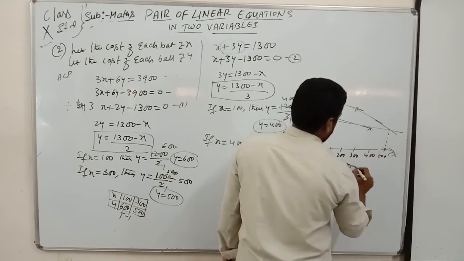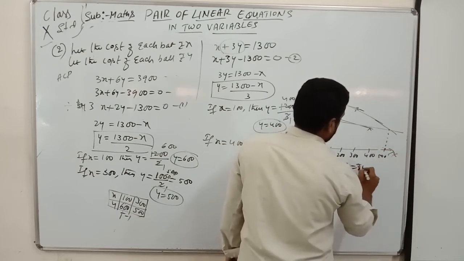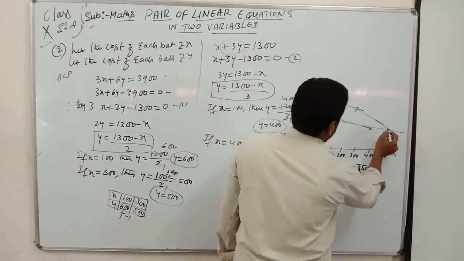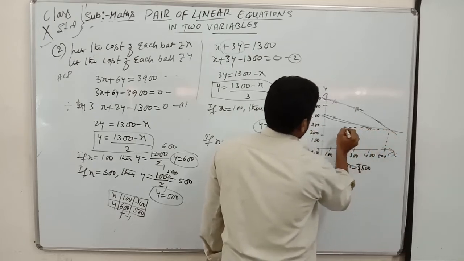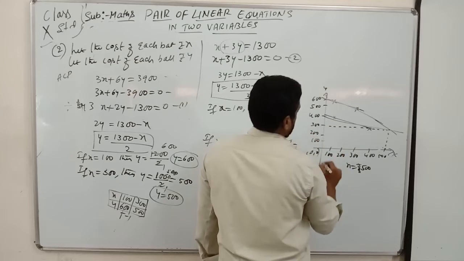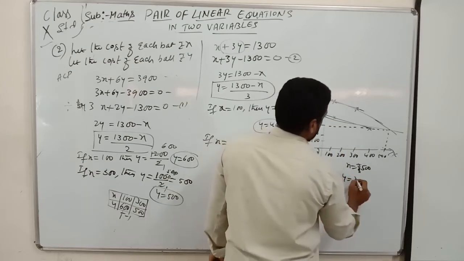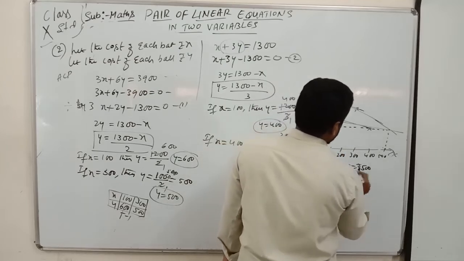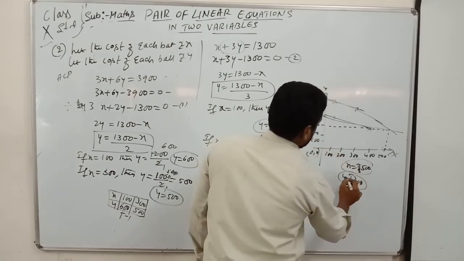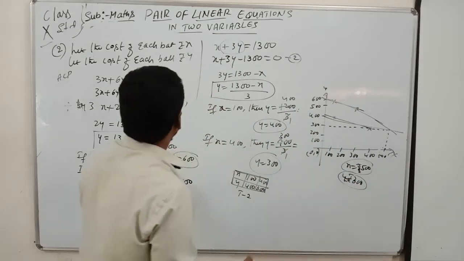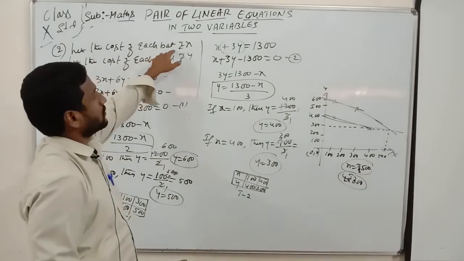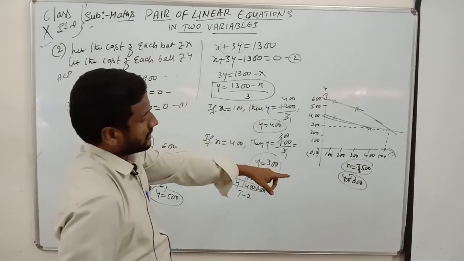So x is 500, x is rupees 500 and the y value, so draw the line parallel to the x-axis, that is y is equal to 300. So these are the x and y values. So x is rupees 500, each bat costs rupees 500 and each ball costs rupees 300.